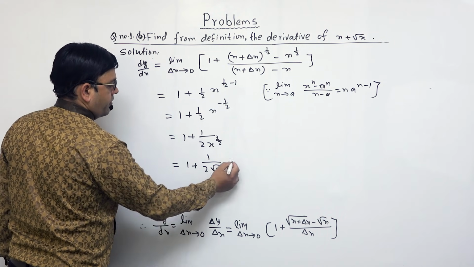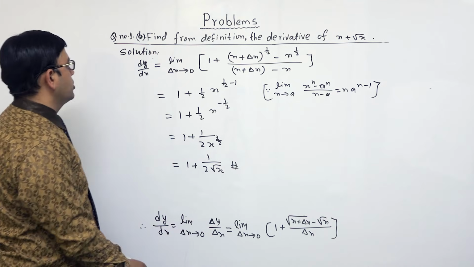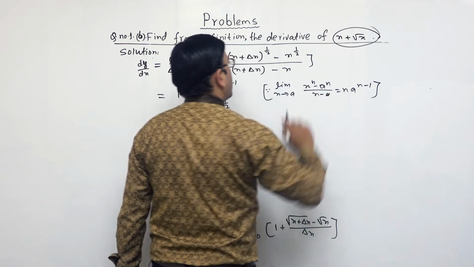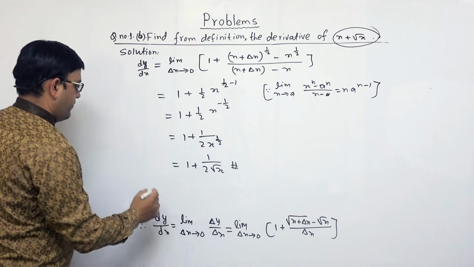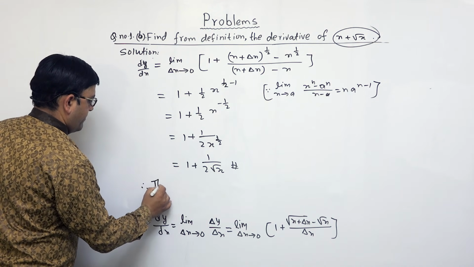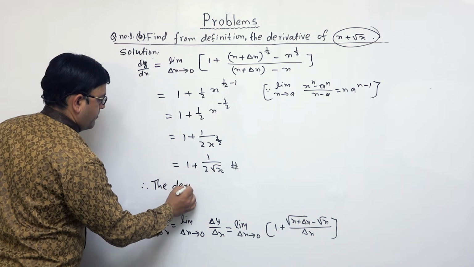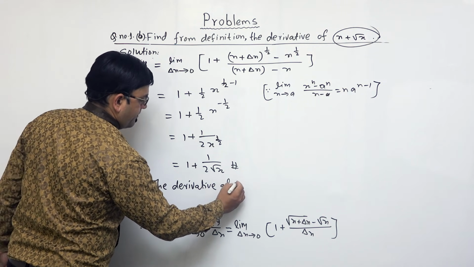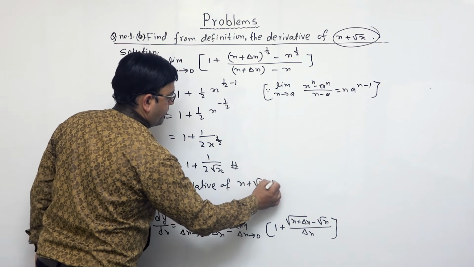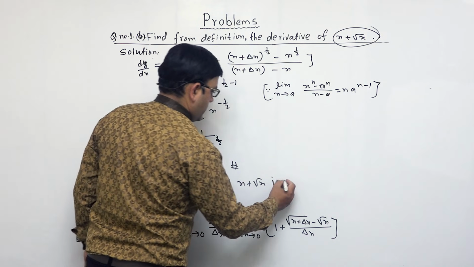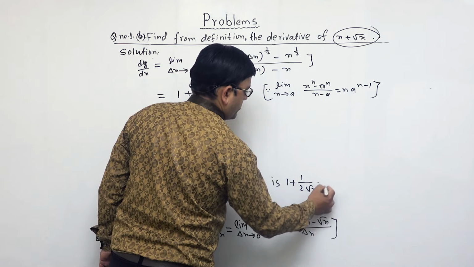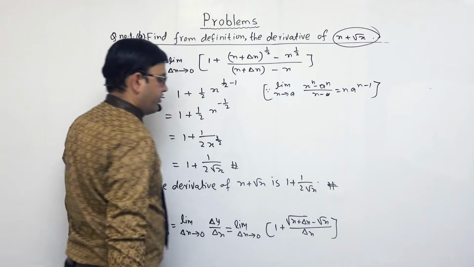So this is the answer of this question. Therefore the derivative of x plus root x is 1 plus 1 by 2 root x. This is the answer of this question.